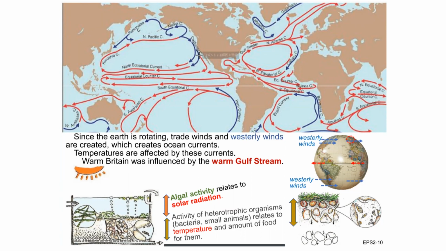The West Coast is very cold and the East Coast is warm. Therefore, this is due to the biological activity of the algae and heterotrophic organisms. We have to remember the activity of algae and heterotrophic organisms.